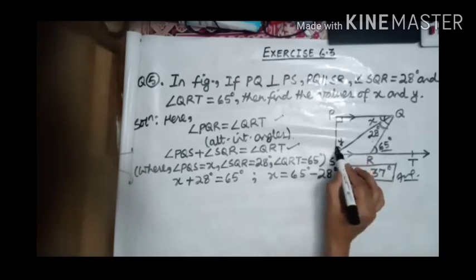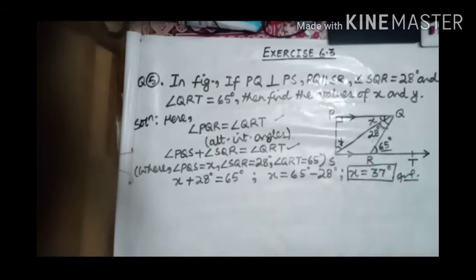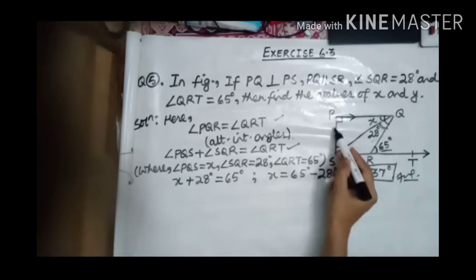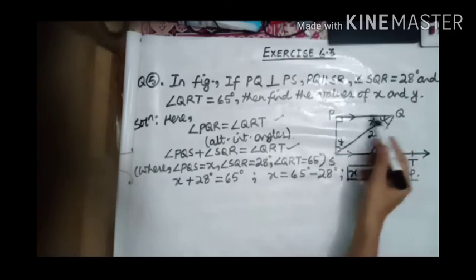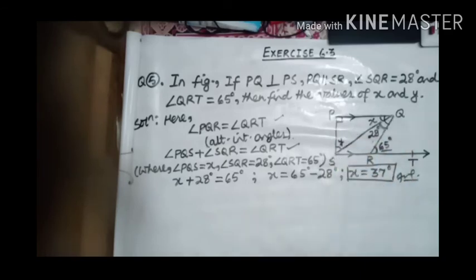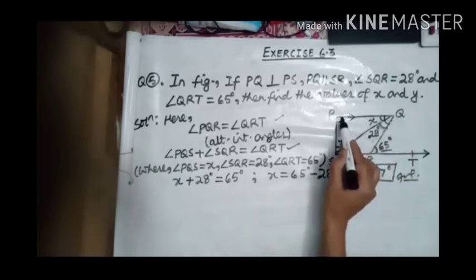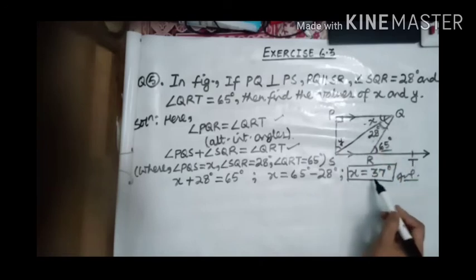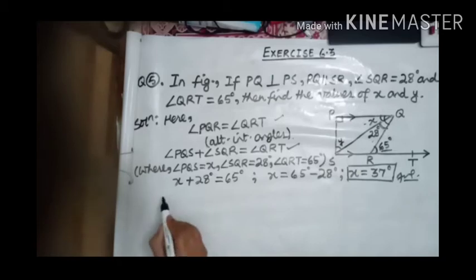Next to it, we have to find the value of y. So y is a part of triangle PSQ, in which its two angles we are given as 90, and this angle x we calculate earlier as 37 degree. So we use angle sum property in that triangle.